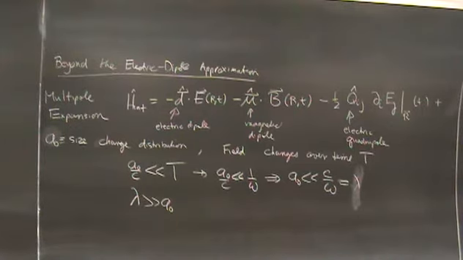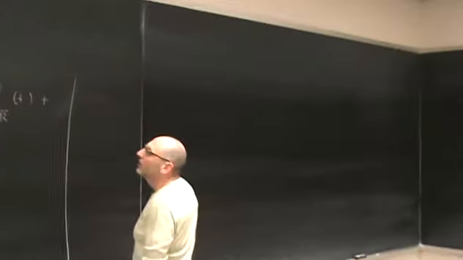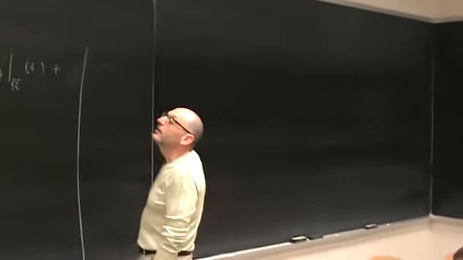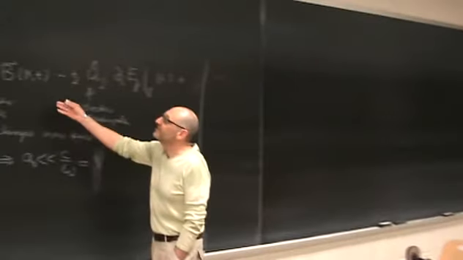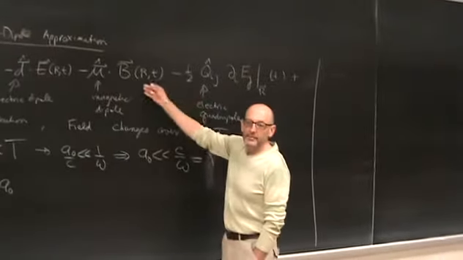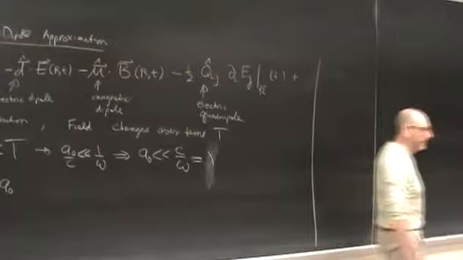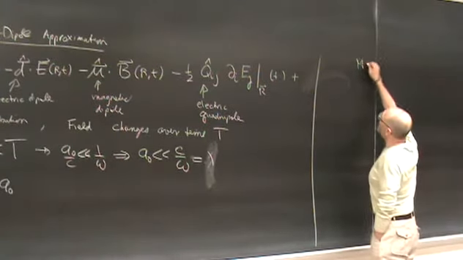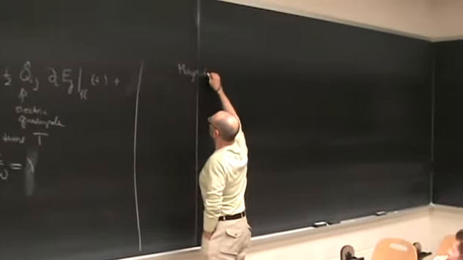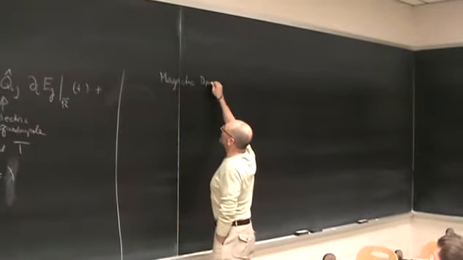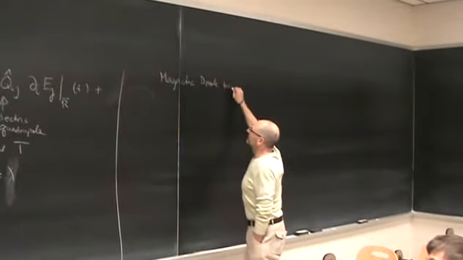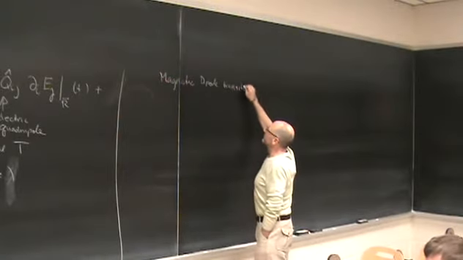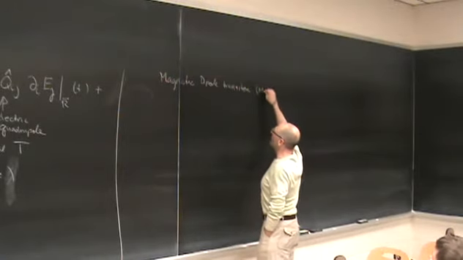All right, so let's look at interactions that are generated by these other multipole terms. Let's consider a magnetic dipole transition, known in the jargon as M1.